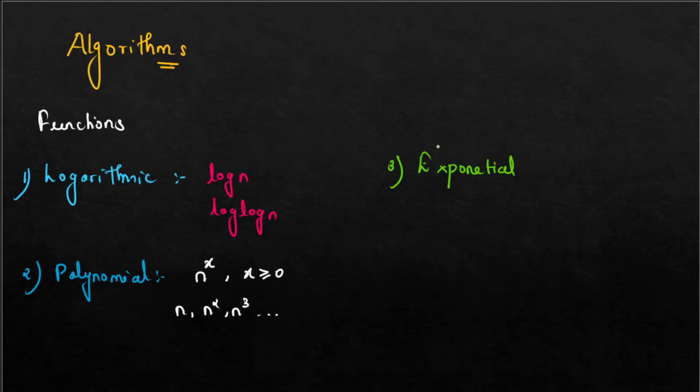So the exponential function is denoted as a to the power n, where a is greater than 1. For example, we can take 2 to the power n, 4 to the power n, factorial n, n to the power n, and so on. Got it, everyone? So these are all the functions.